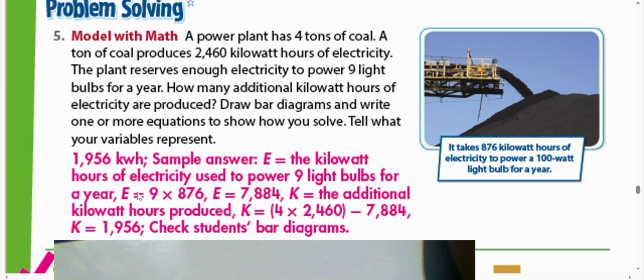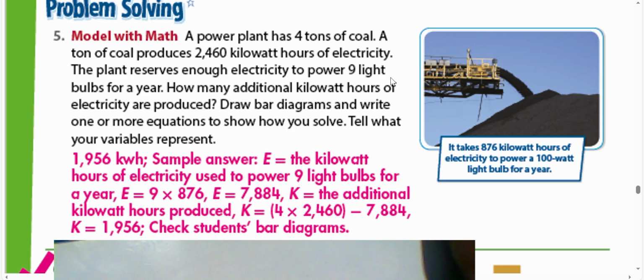First step, look at the number here, it takes 4 tons and each ton has 2,460. We multiply together and the result subtract from this number, 7,884. First step, we multiply together, then find the difference between two numbers.